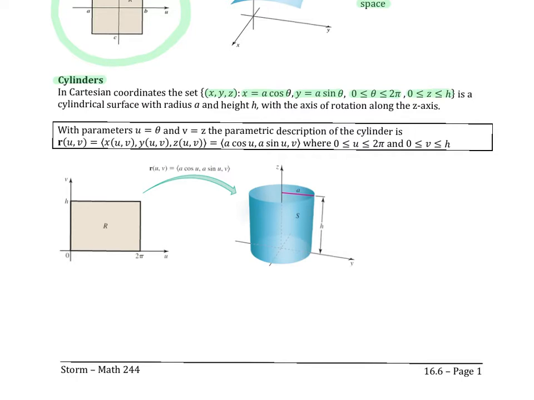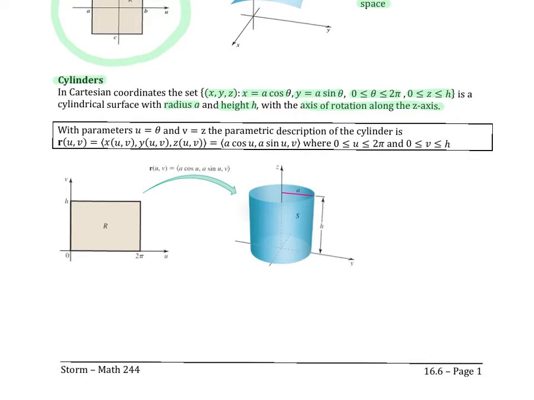So the radius is a and the height is h. Here we're assuming an axis of rotation along the z-axis, meaning it's symmetrical about the z-axis, because really we could put our surfaces anywhere we want. So let's make it easy on ourselves and plop it down so the center is along the z-axis.